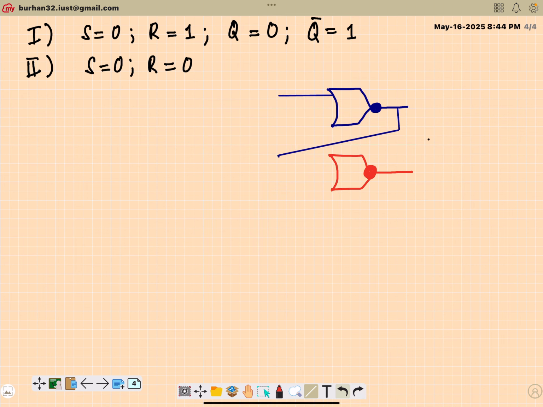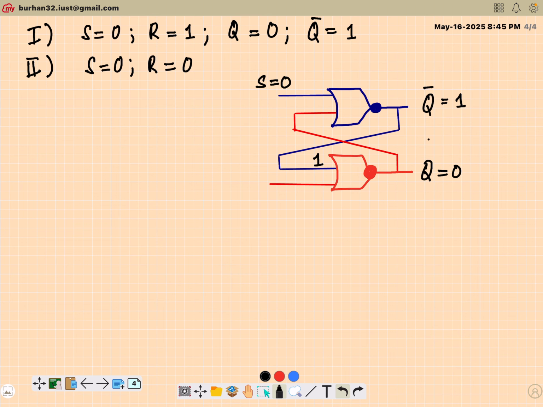Likewise, a direct input. Then the feedback input. Right? Now, at the end of the first condition, we have achieved something like this. This was the state. S was 0. Then this is Q, it was 0. Then this ripple here, so Q bar changed to 1, which made sure that the second input is also equivalent to 1. Now in the second condition, I'm keeping S equivalent to 0, but what I am changing is this. R is equivalent to 0.